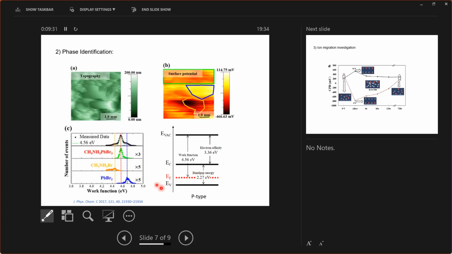Here MAPbBr3 is showing as a p-type material, as the Fermi level is close to the valence band. In another paper I saw that MAPbI3 shows as an n-type material, meaning the Fermi level is close to the conduction band.